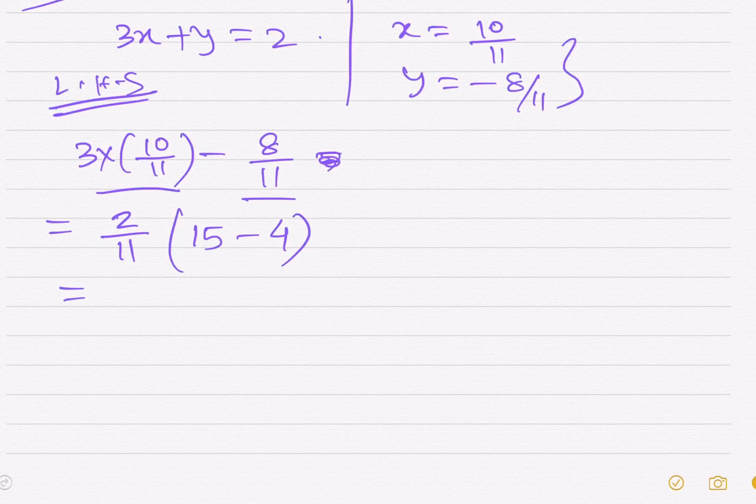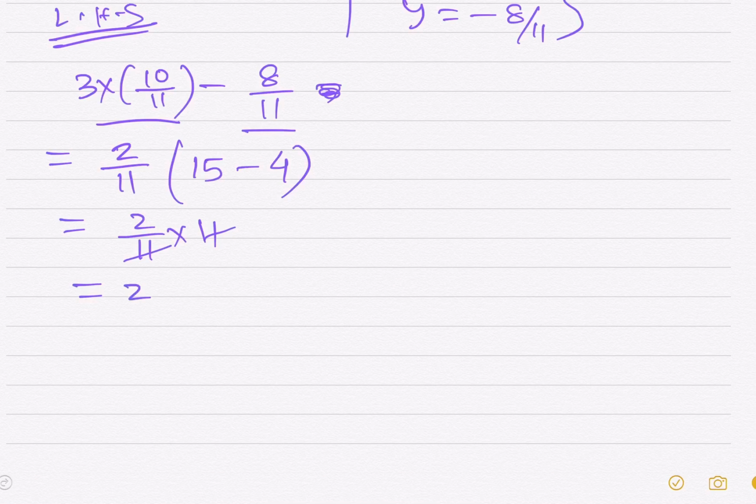So now 15 minus 4 is 11, 2 by 11 into 11, so this equals 2. So it is also equal to the RHS. So we see that the LHS part is also equal to the RHS part. So our answer is correct.